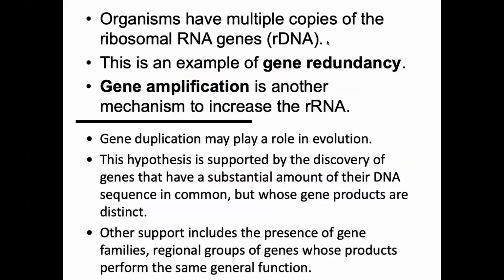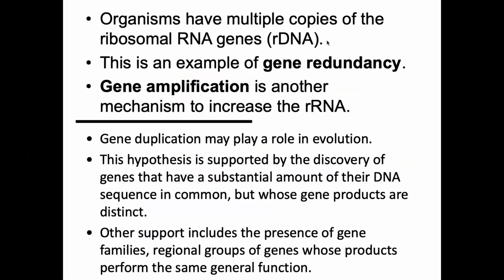So within a cell, it would make sense, if you're going to be using genetic information to make proteins, the more efficient you are at making proteins, the better off you're going to be, the better able you're going to be to utilize all of the existing genetic information within that cell. So a large population of ribosomes is going to be advantageous. So how can you make lots of ribosomes?